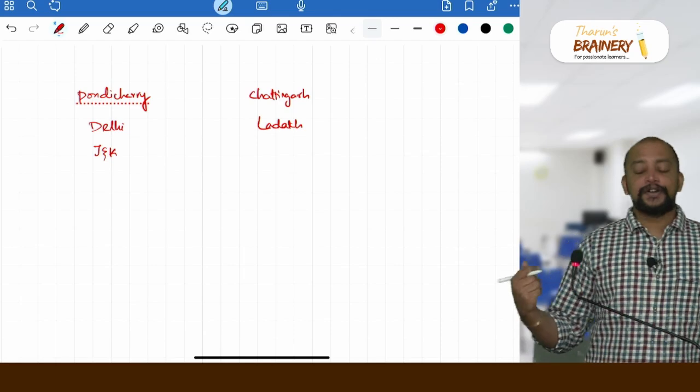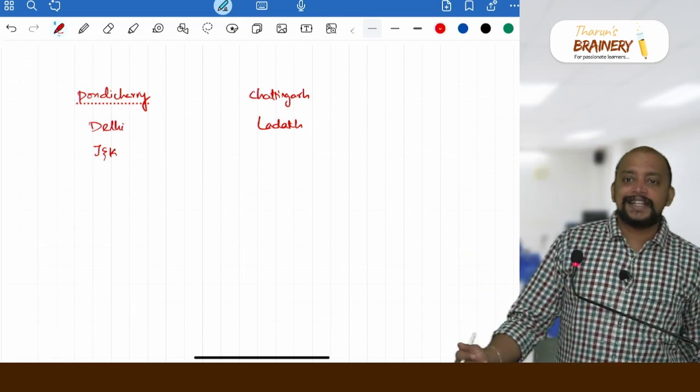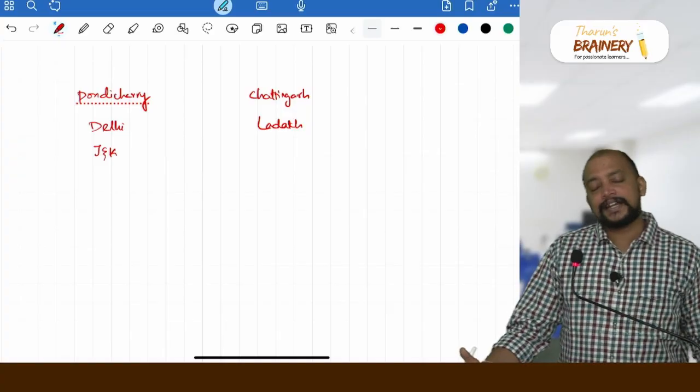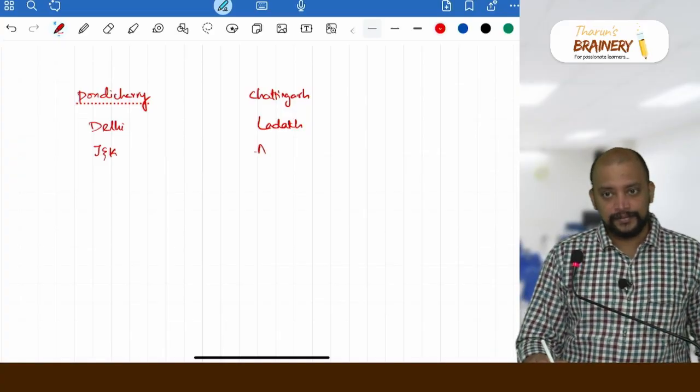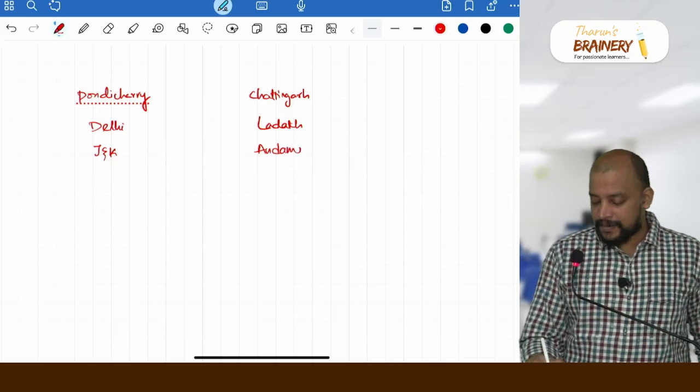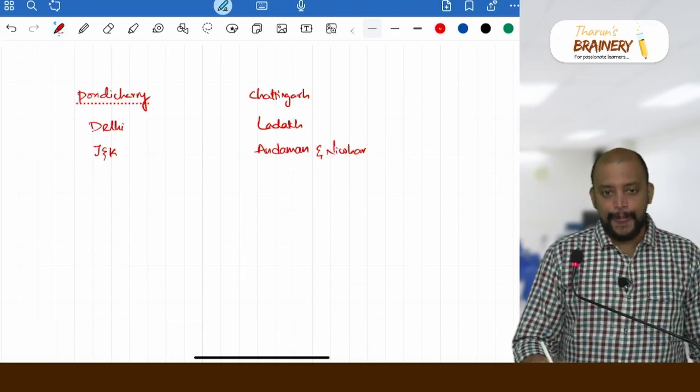Jammu and Kashmir is now divided into two union territories. One is union territory of Jammu and Kashmir, another is union territory of Ladakh. Next, Andaman and Nicobar. Lakshadweep.